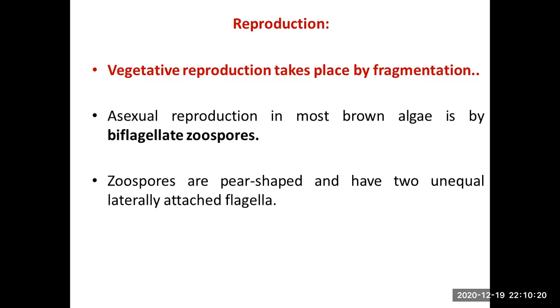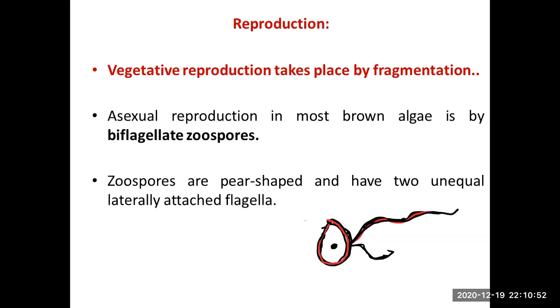The flagella are unequal in length and laterally attached. The zoospores are pear-shaped. And sexual reproduction is by gametes. Gametes are motile and pear-shaped.